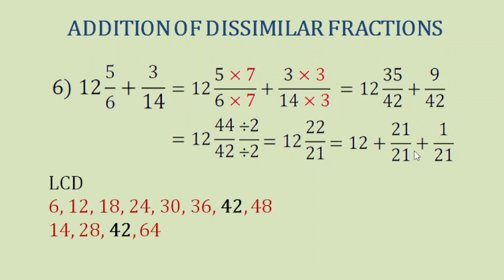And this part, 12 plus 21 over 21, becomes 13, because 21 over 21 is 1, so 12 plus 1 is 13, and we will copy down the fraction part. So our answer is 13 and 1 over 21.